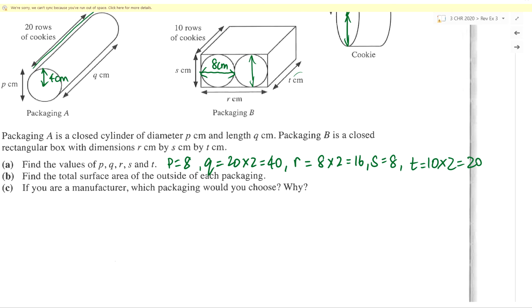Next, part B, find the total surface area of the outside of each packaging. Same formula, I will repeat the formula again.